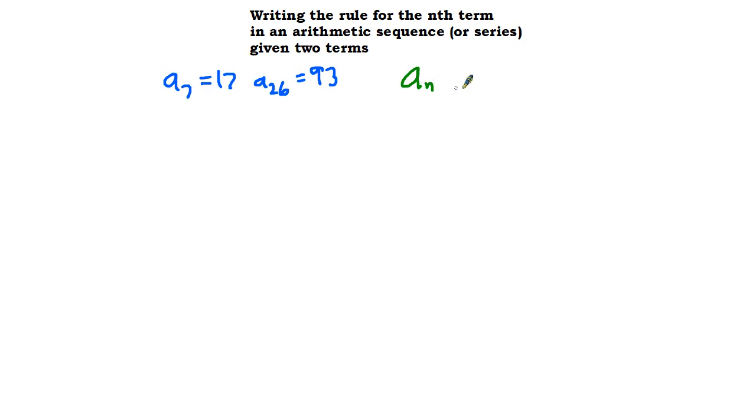I'm going to remind you the rule for the nth term in an arithmetic sequence or series is a sub n equals a sub 1 plus n minus 1 times d. So we're going to use this along with these two terms and see what we can do.